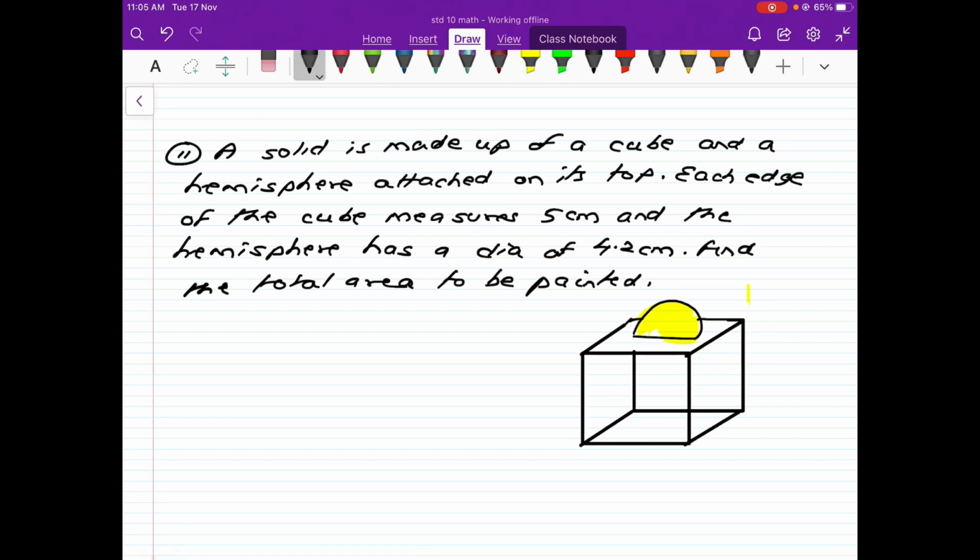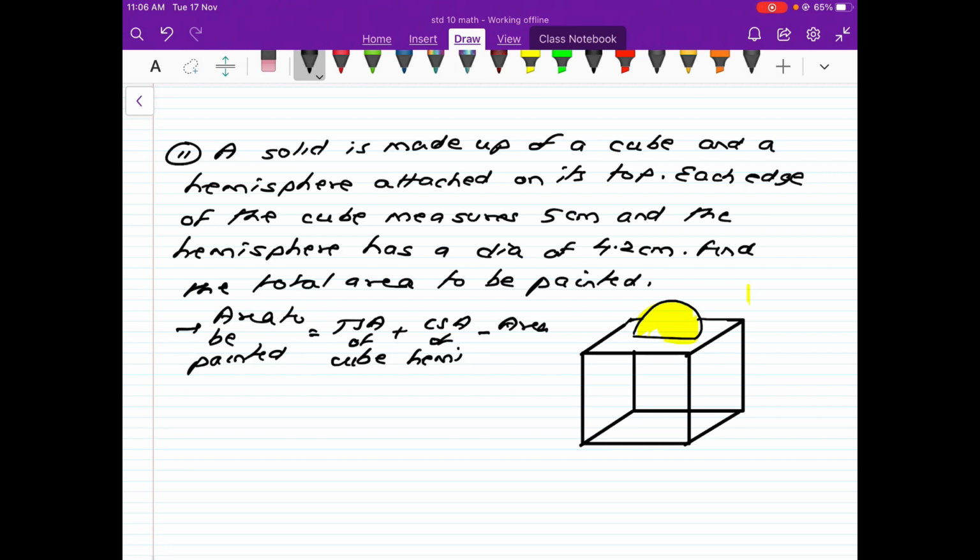So how do we calculate this? We will just see the area to be painted. The area to be painted is equal to the TSA of the cube, meaning all 6 sides we are taking, plus we are also taking the CSA of the hemisphere, and from this we are subtracting the area of the base, because the base of the hemisphere will be a circle.